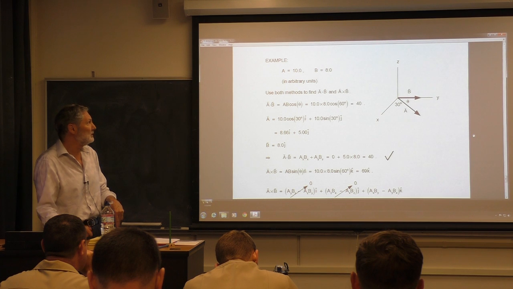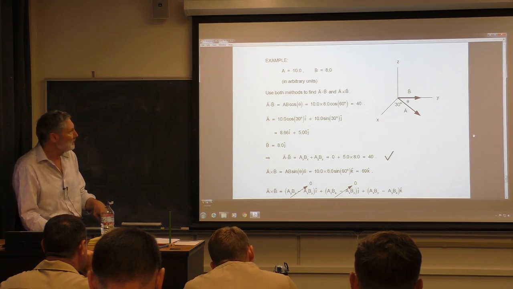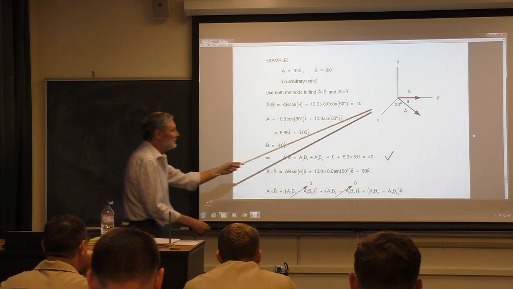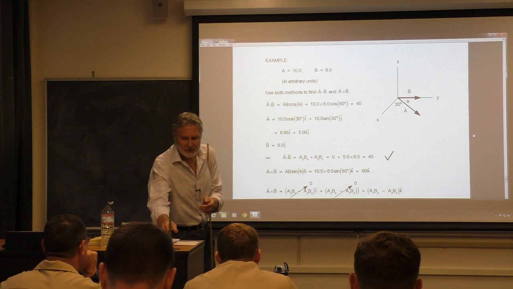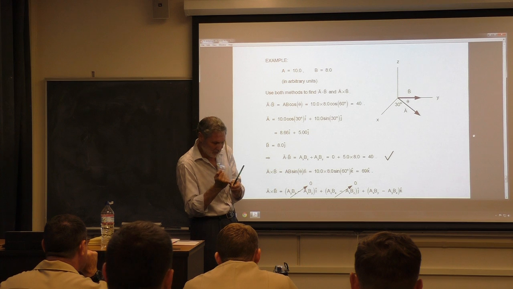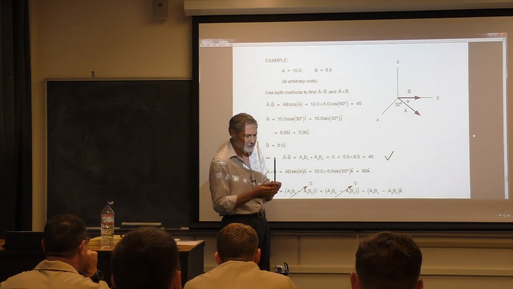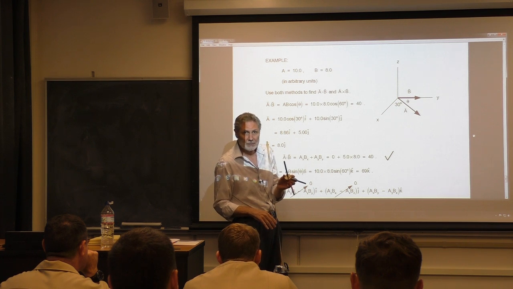It's got to be in the z direction, plus or minus z direction. Right, it's actually going to be plus, in a positive z direction, because these vectors are in the xy plane. Can everybody see that? The situation is kind of like this. Okay, this is A and this is B. This is the xy plane.